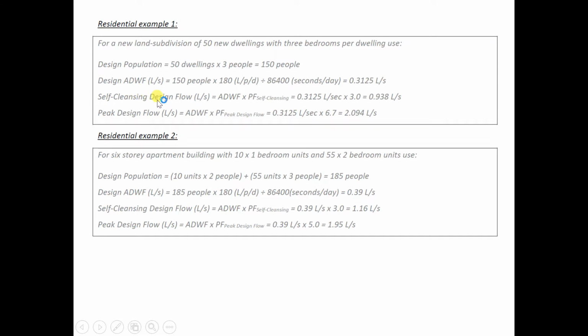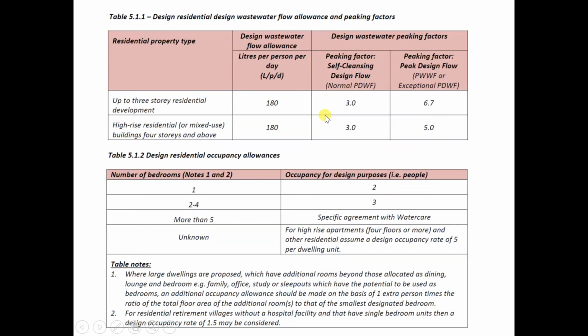So this is the design average dry weather flow, and the self-cleansing flow is just the design average dry weather flow multiplied by the peaking factor. The peaking factor for self-cleansing is 3, and the peaking factor for the peak design flow is 6.7.